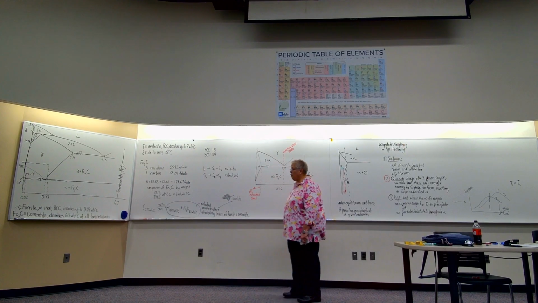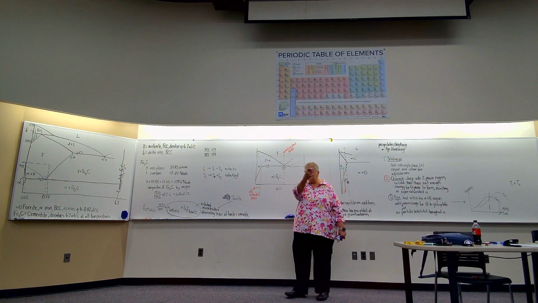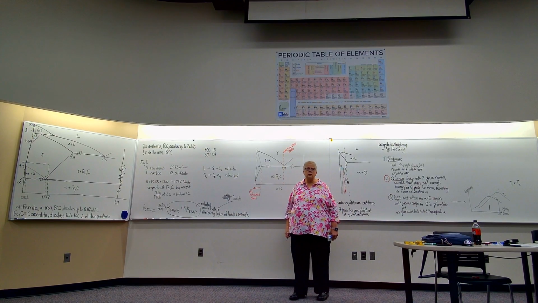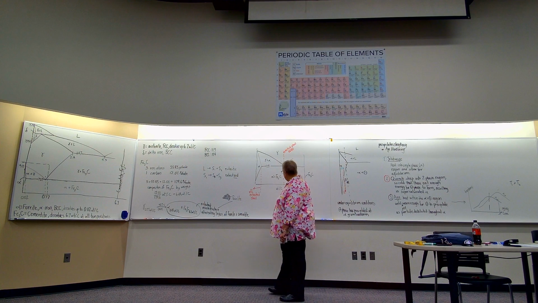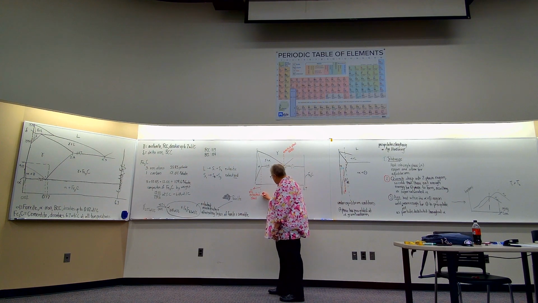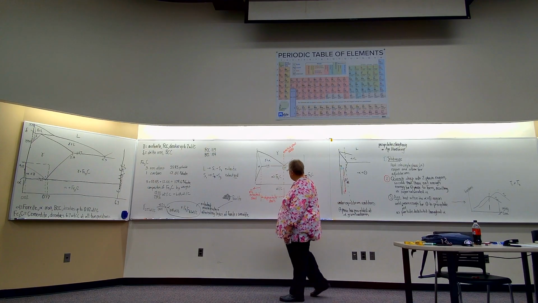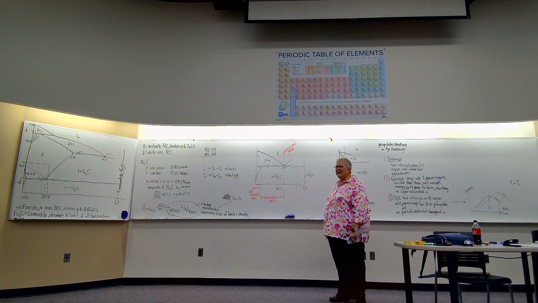And those are strengthened using precipitation strengthening, talked about earlier. And these are hypoeutectoid steels, which are all of the engineering steels that you deal with.